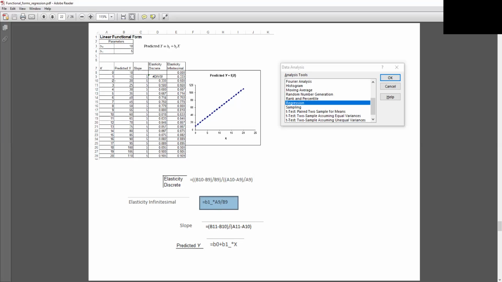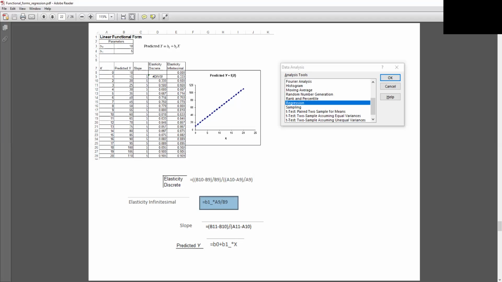you can obtain the point elasticity of this row by beta 1, the slope which you are obtaining, into X divided by Y, the value of X divided by the value of Y. Like that, you can find elasticity infinitesimal for all the points.